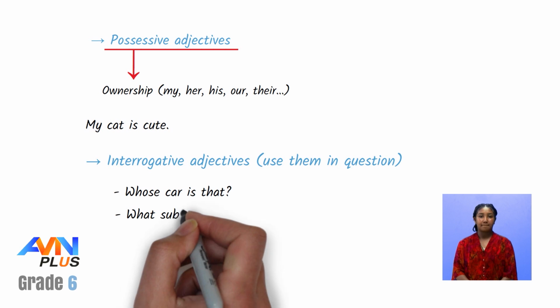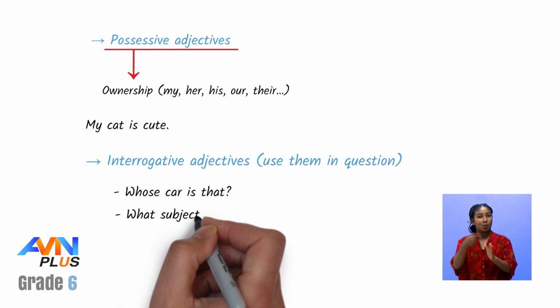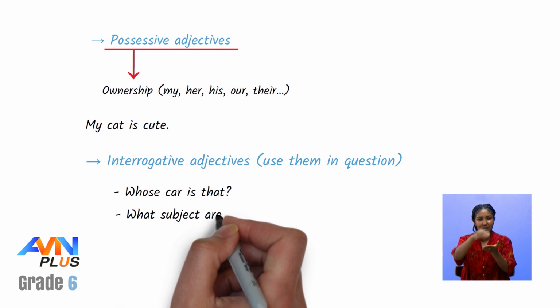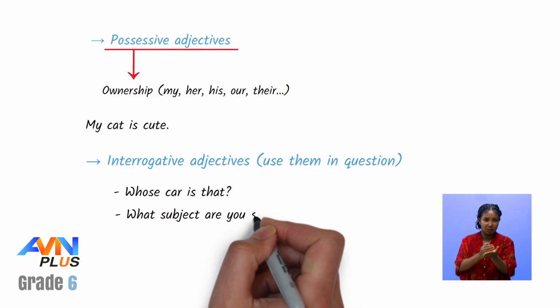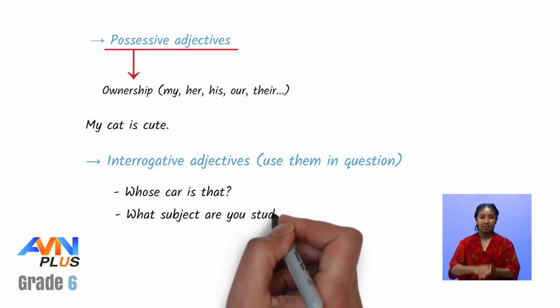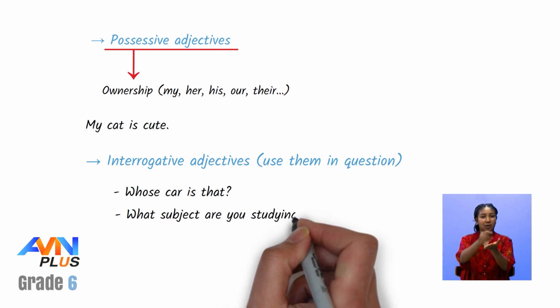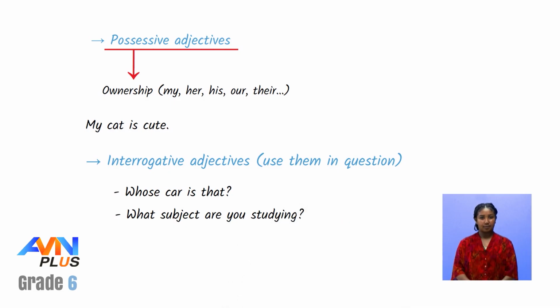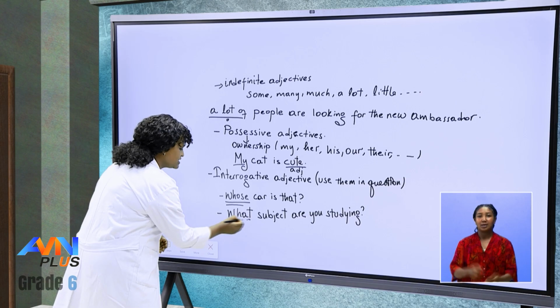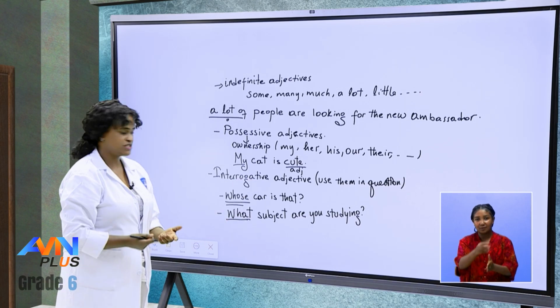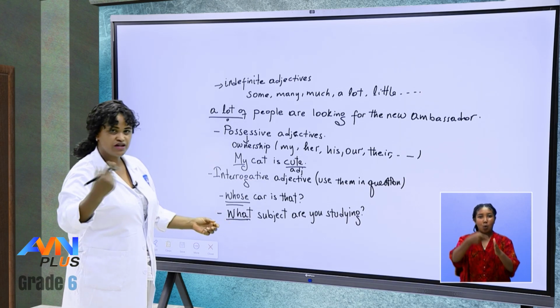What subject, for example? What subject are you studying? All right. Here, what is an interrogative what? Adjective. When you say, what subject are you studying?